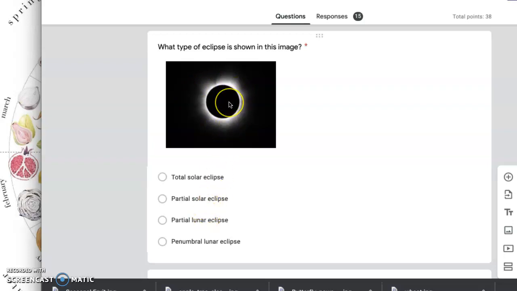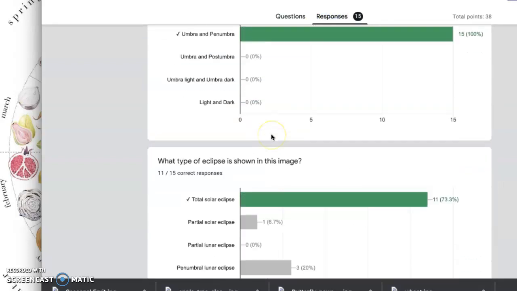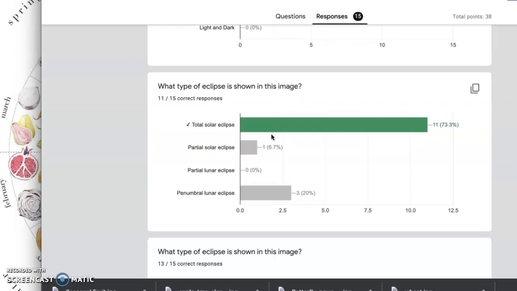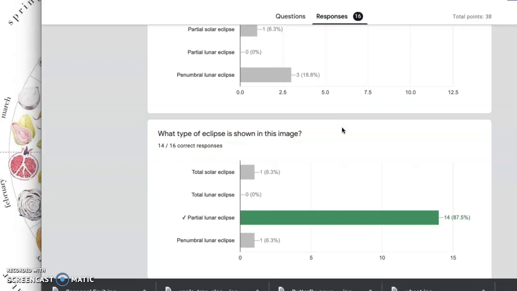This could sometimes be confused with an annular eclipse, but remember the annular eclipse shows more of the sun, and it looks more like a solid ring around the moon. So the correct answer was a total solar eclipse.